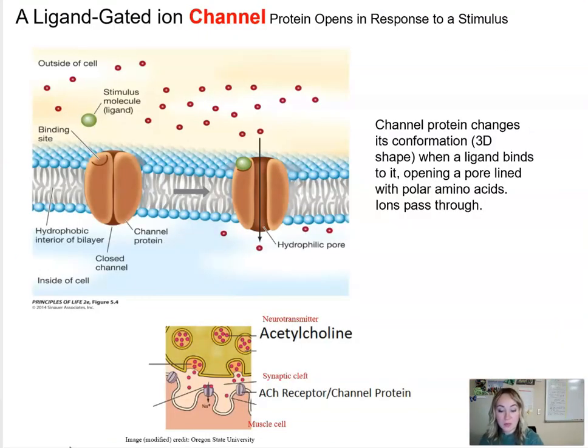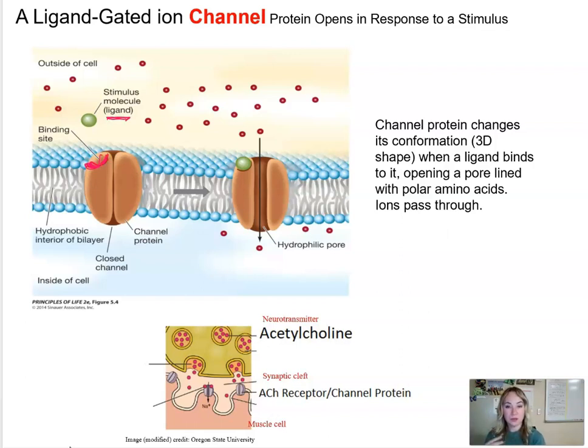So now an example of a channel would be this. So we have a ligand-gated ion channel. This is where the protein is going to open up that channel in response to a stimulus. So for example, we have a stimulus molecule, a ligand, that binds to the protein. You can see it's right here, the binding site.